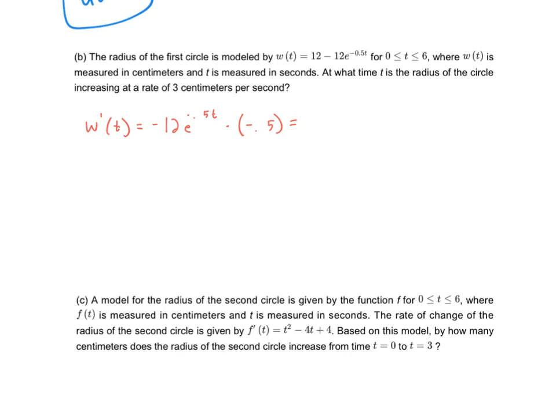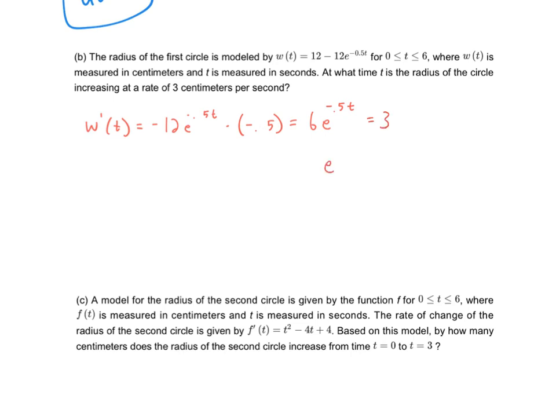And then that equals 6 e to the negative 0.5 t. Okay, and we want to know at what time this equals 3. So we set that equal to 3 and solve.